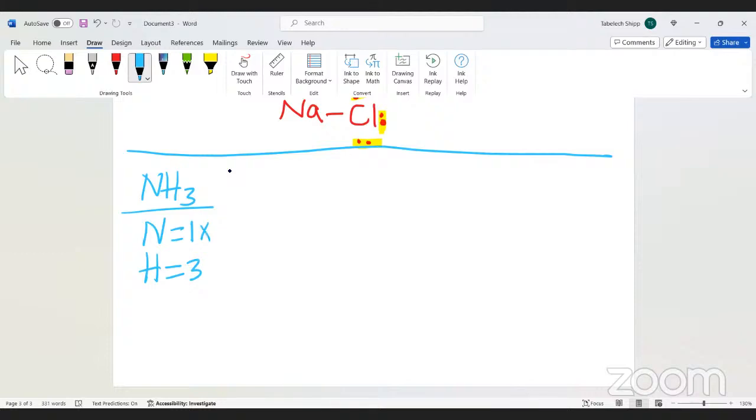Nitrogen is in group 15, but we dropped the 1, and that's where the 5 comes from. So we have 5 valence electrons. Hydrogen is in group 1, so that's where the 1 comes from, but we have 3 of them. So you have 3 valence electrons. And you add them together and you get 8.